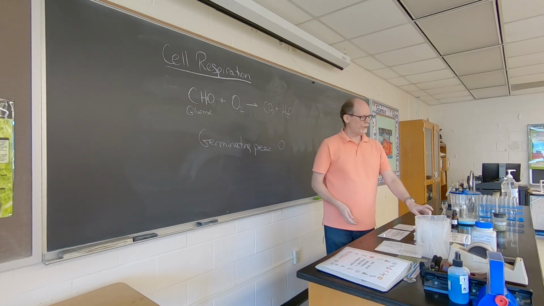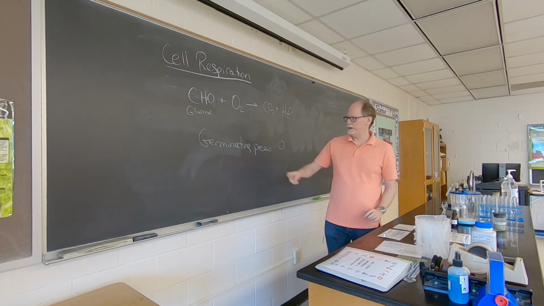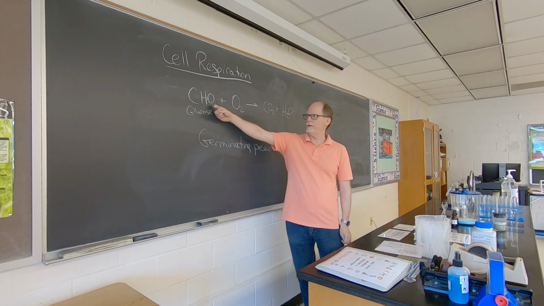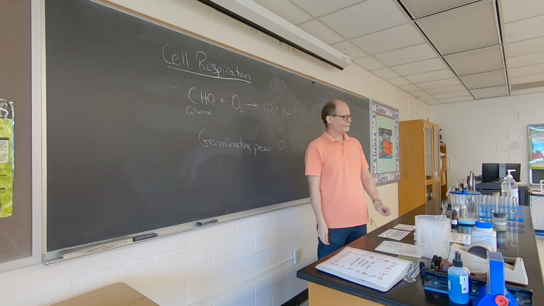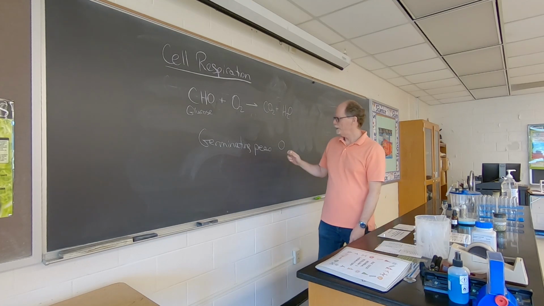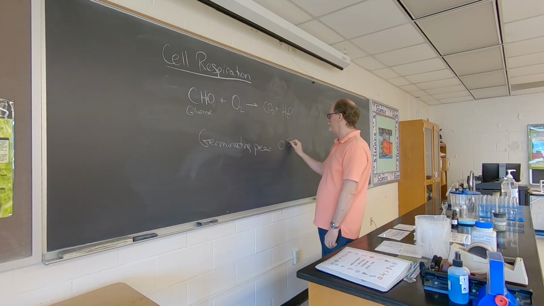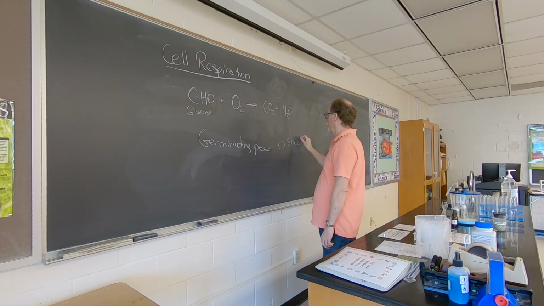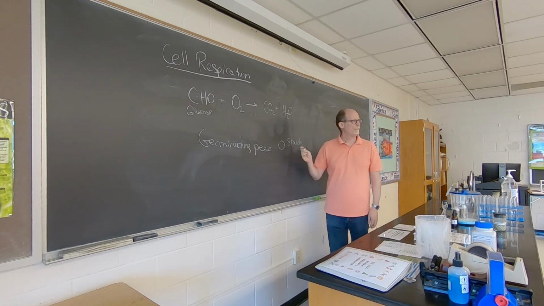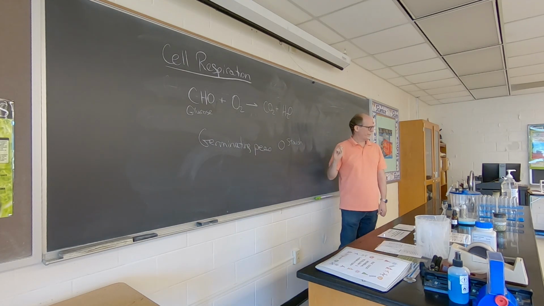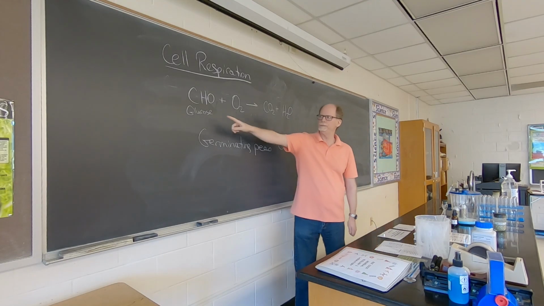And what you're looking for is, as long as they're germinating, they're converting the glucose in the pea. A pea contains starch, right? What is starch composed of? Yeah, glucoses.